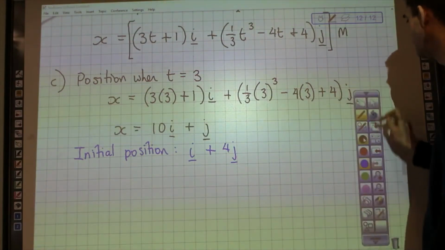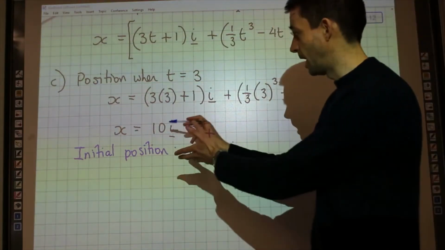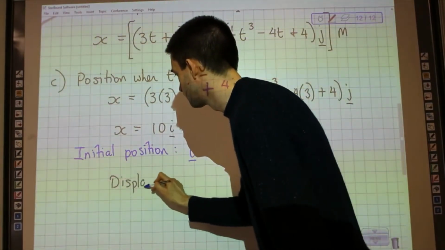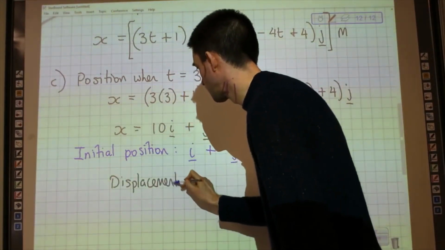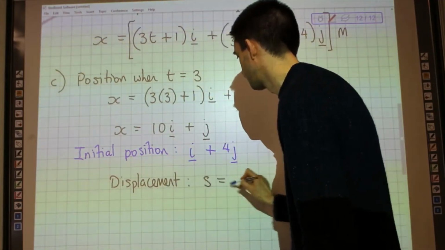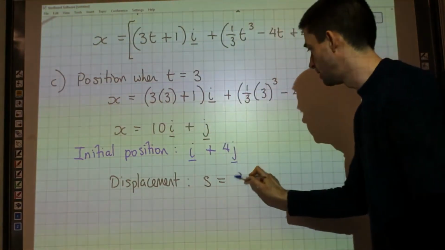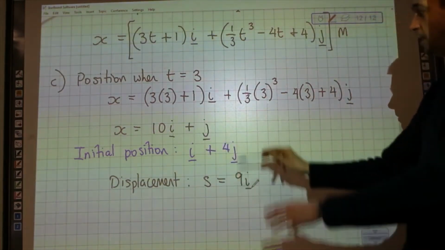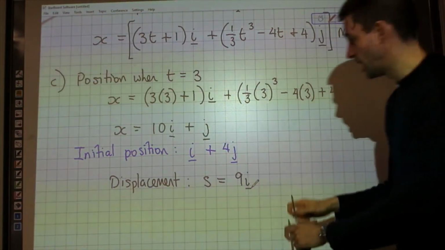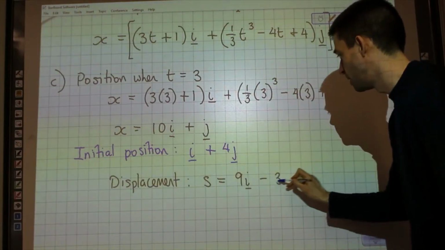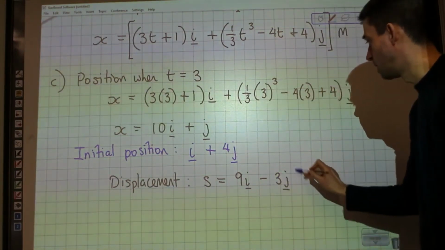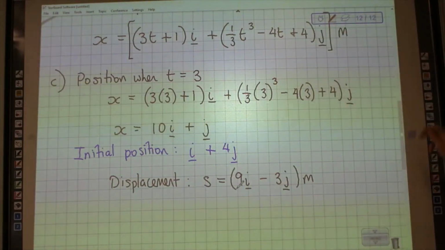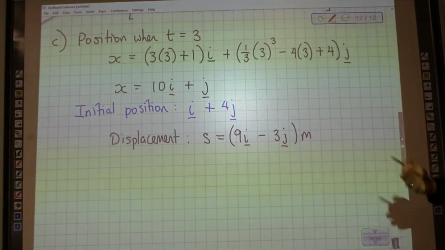So if we started at i and we're now at 10i, then the displacement, which we'll call s, must be 9 in the i direction, doing 10 minus 1. Similarly, if we started at 4j and we're now at j, we must have minus 3j as our displacement, and that is in metres.